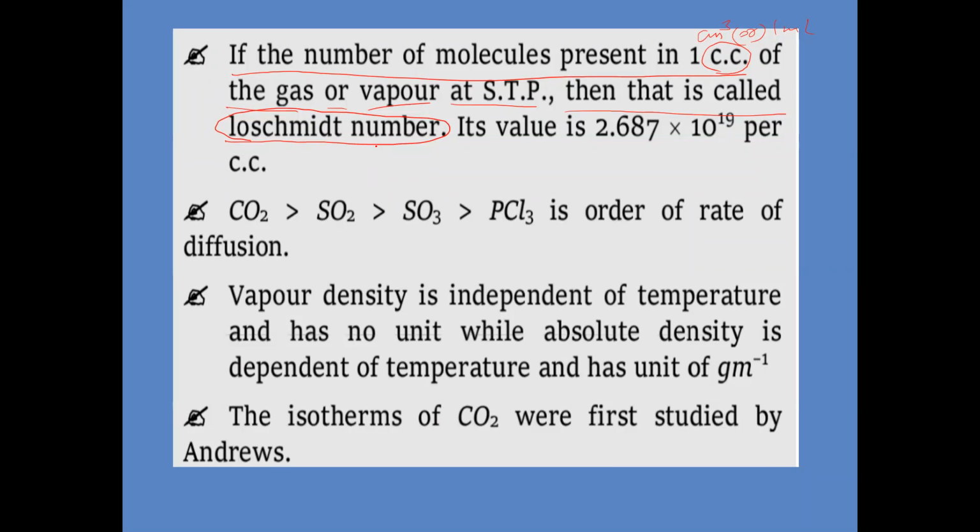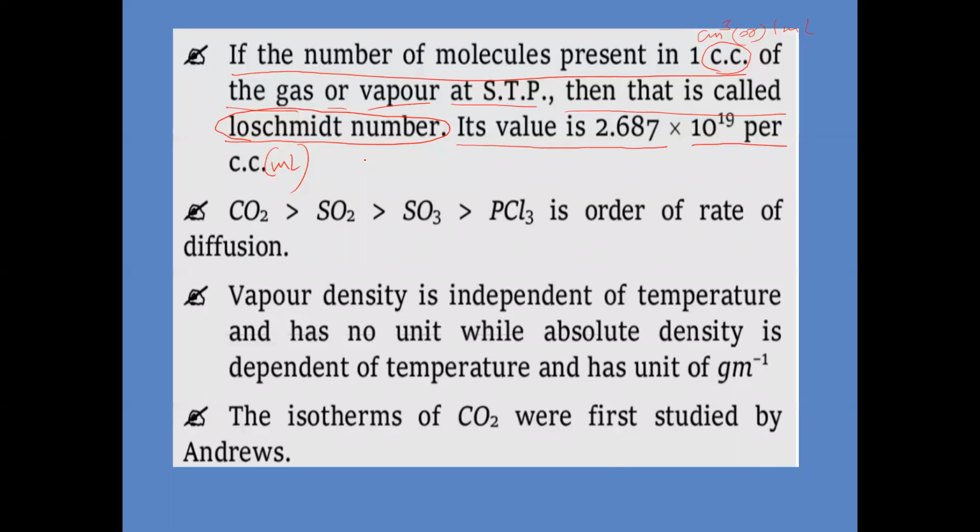Its value is 2.687 into 10 to the power of 19 per cc, that is, per ml. So 2.687 into 10 power 19 molecules will be present in 1 ml.